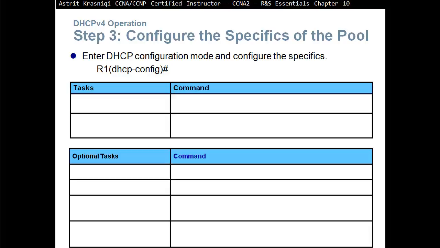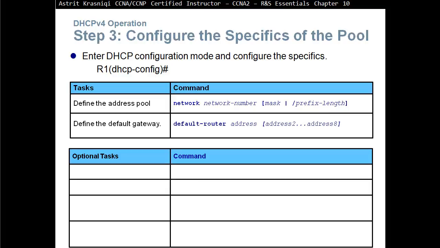We have some tasks that you have to complete, and some of them are optional. The required task is to define the address pool. What is the network that you're going to be assigning IPs from, or leasing to the clients? The command is network, and then the network number, and then the mask, or you can put the prefix length. The next is to assign a default gateway. So for example, default-router and the address of the router.